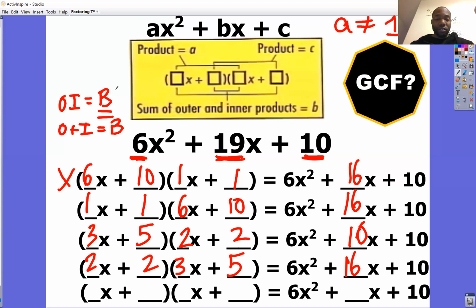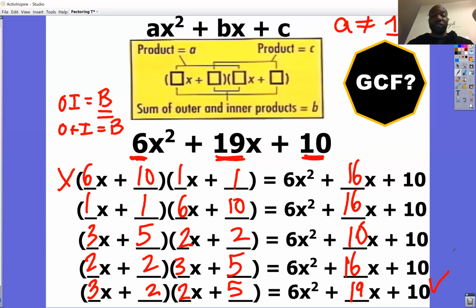And the last thing I didn't choose to do is that 6 breaks down into 3 and 2, right? And then 10 breaks down into 2 and 5. So now we end up with 3 times 5 is going to give you 15x. And then 2 times 2 gives you 4x. And now we're at 19x, which is the correct answer.